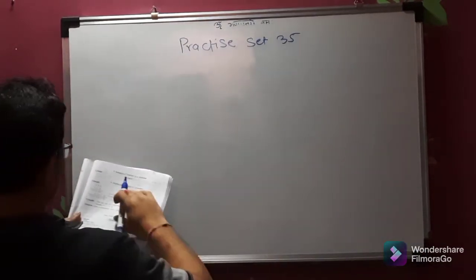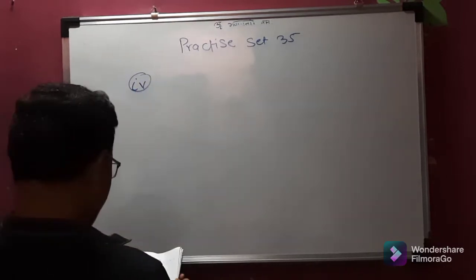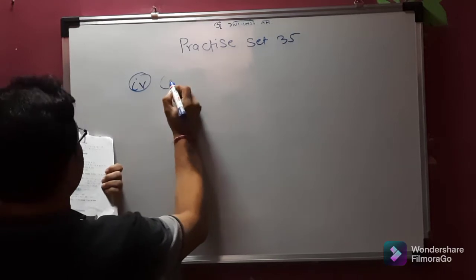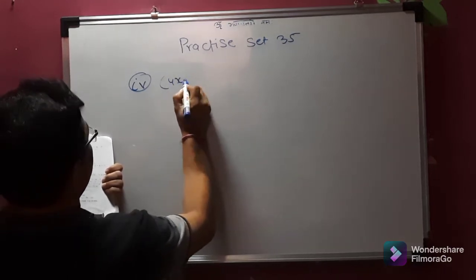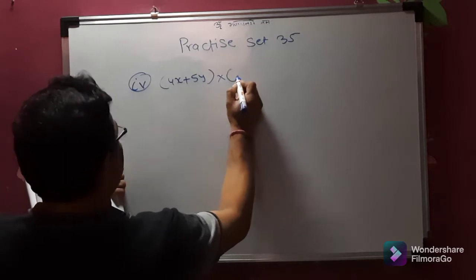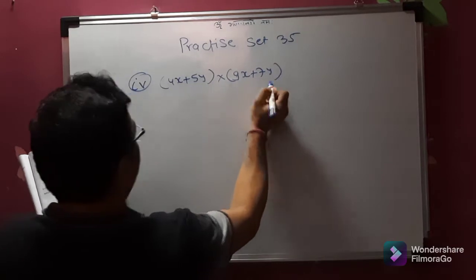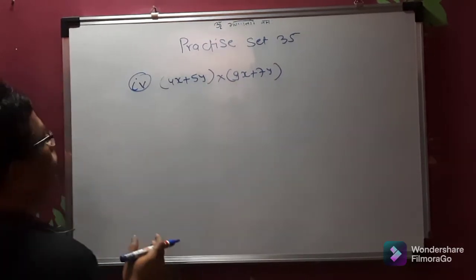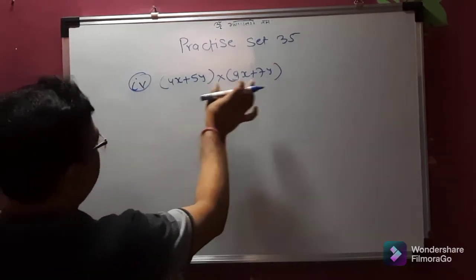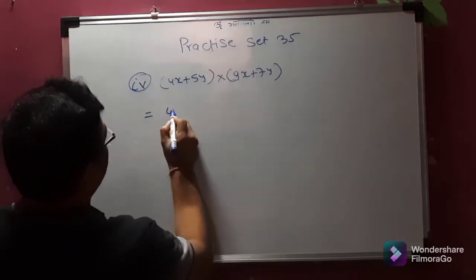This is problem number 4. This is 4x plus 5y into 9x plus 7y. So we have to multiply this expression with this expression. First of all, you have to write down this 4x.